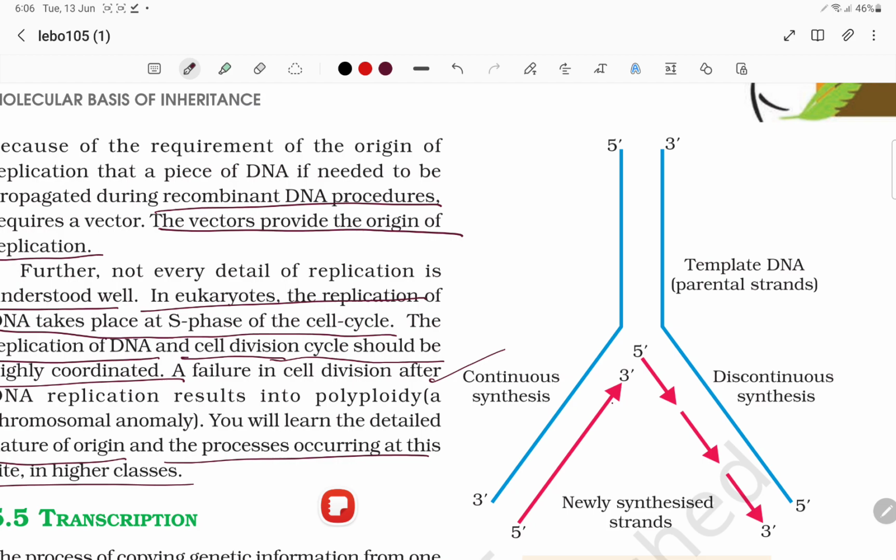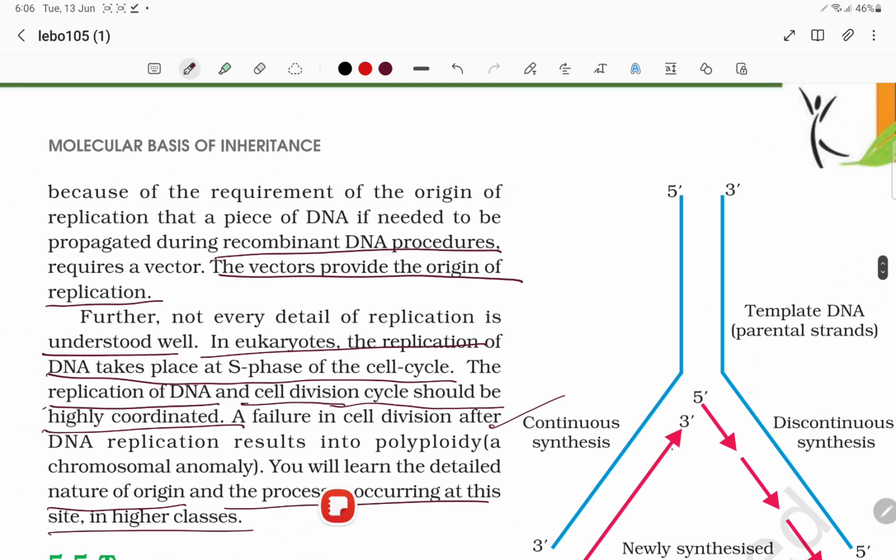One is DNA polymerase, which starts the replication at the origin of replication only. And for the discontinuous strand, like Okazaki fragments, the ligase enzyme will combine them to form a continuous strand. Okay, so this is about the replication process.